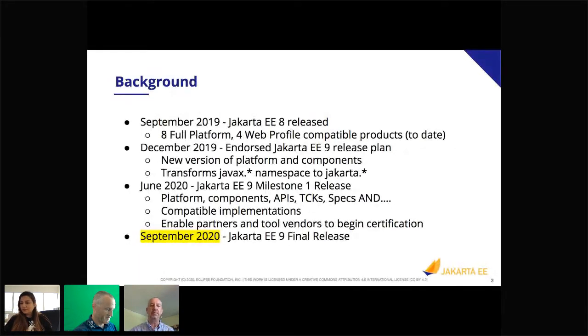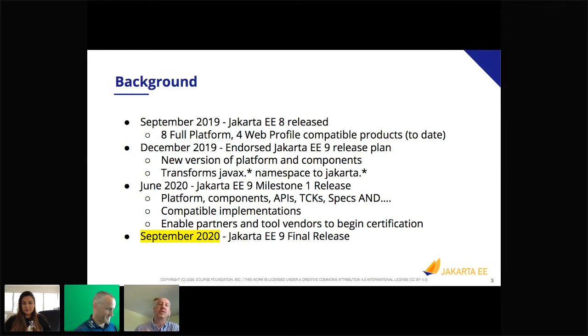So it's fully compatible with Java EE8, but all the licensing, all the IP, all the approval of the technology was done through the open source project, through the Jakarta EE Working Group and the Eclipse Foundation. And Jakarta EE8 has actually been very successful. We have 8 full platform compatible implementations and 4 web profile compatible products to date. And I'm hoping there will be more.